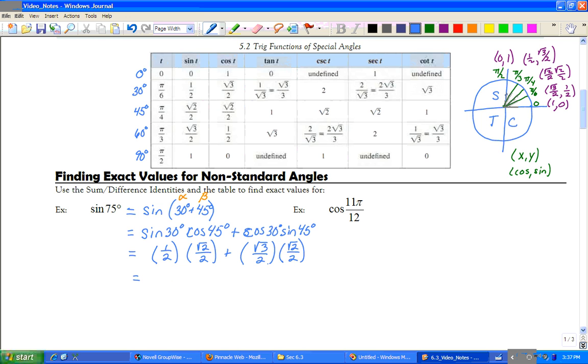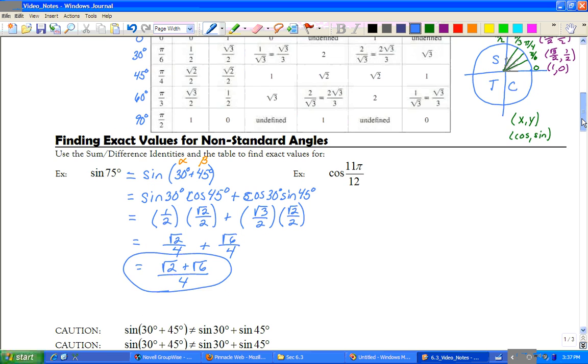Now let's multiply each of those pairs together, so we get the square root of 2 over 4 plus the square root of 6 over 4. Our fractions have a common denominator of 4, so we can add the numerators together, and we get the square root of 2 plus the square root of 6 over 4. Here is our exact value of the sine of 75 degrees in radical form.